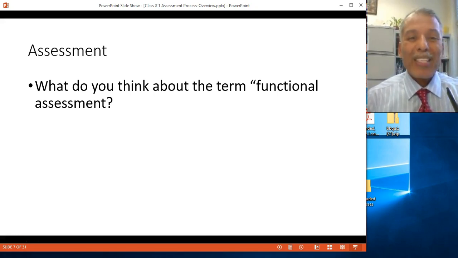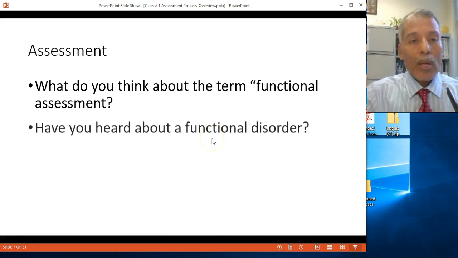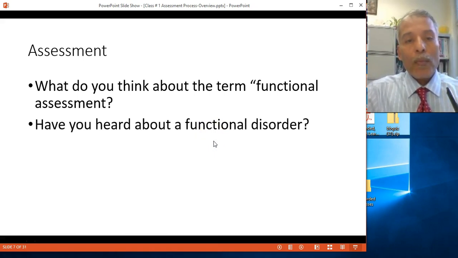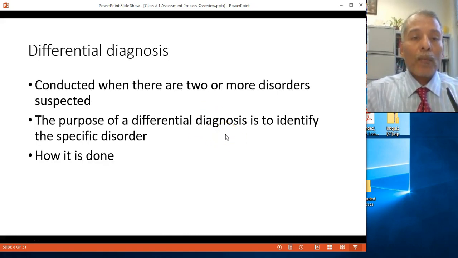The fact is that this term should not be used, because everything that we do or fail to do is caused by some organic problem in the brain, directly or indirectly. So again, these are all terms. You might encounter them sometimes.